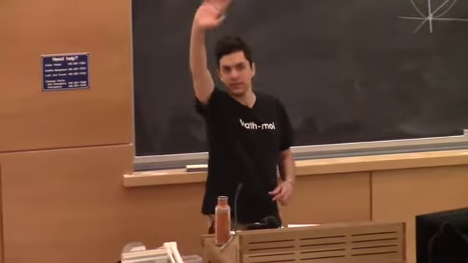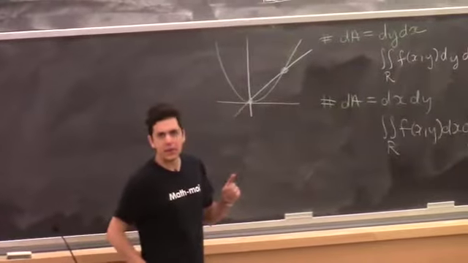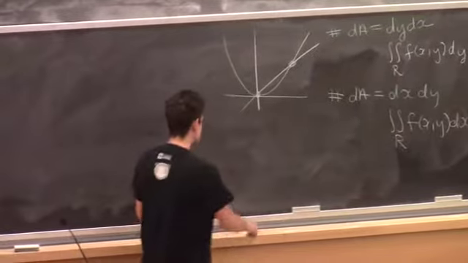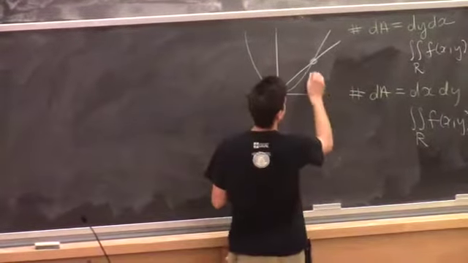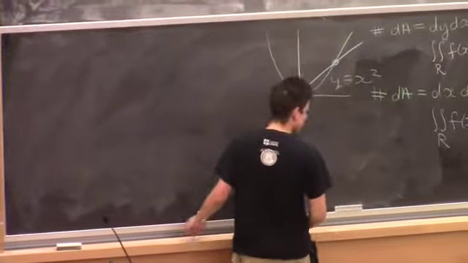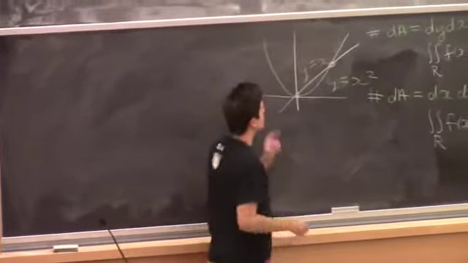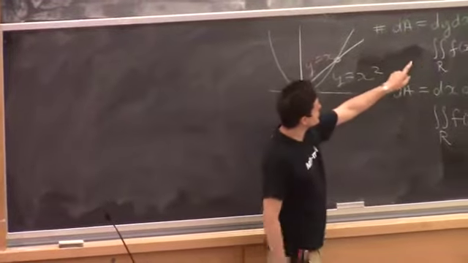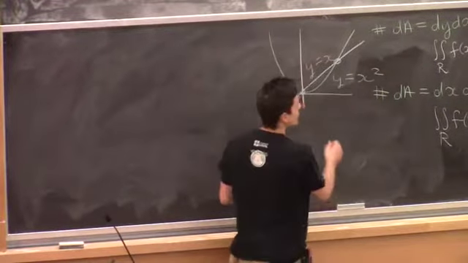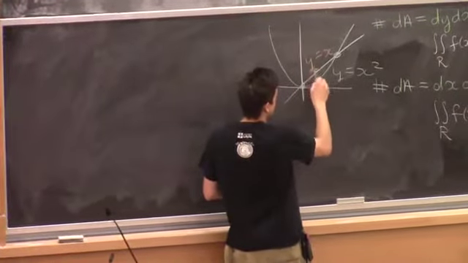Okay. So a couple people were quite observant, and I just wanted to point out a typo that several people found. Got to be careful with this stuff. So for this first setup, we're going from x squared up to x.